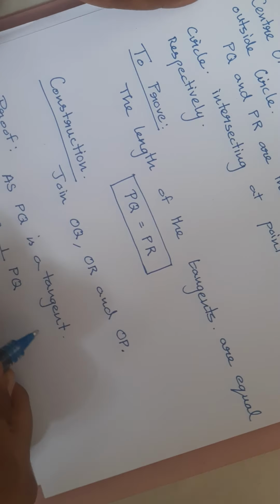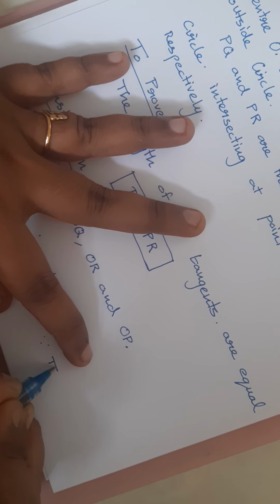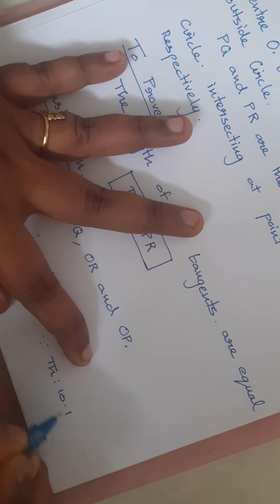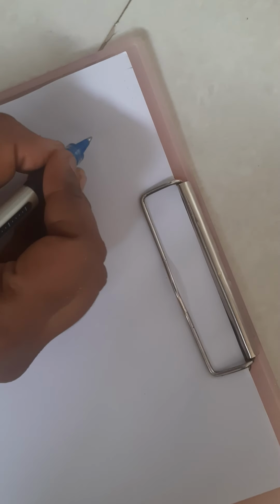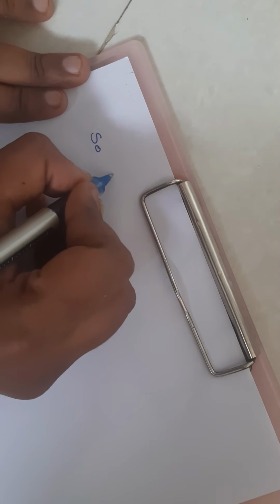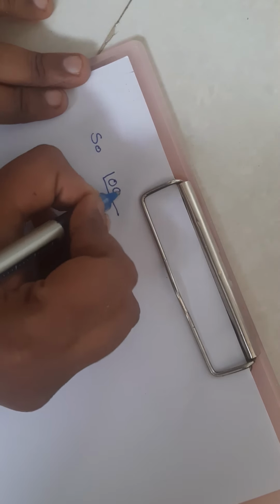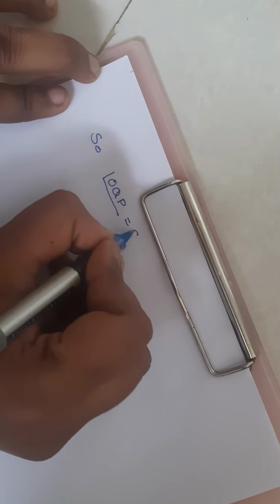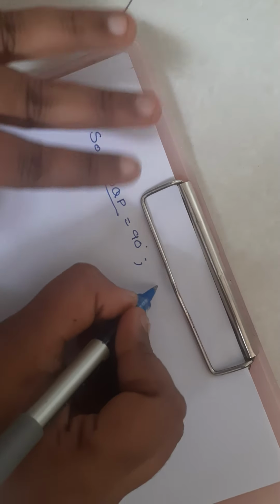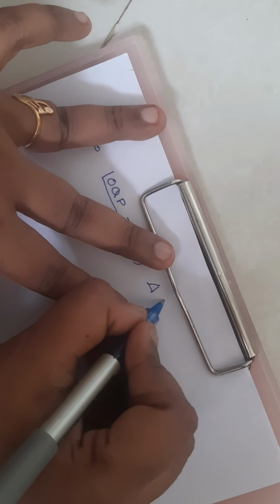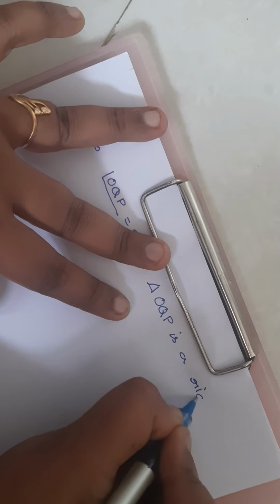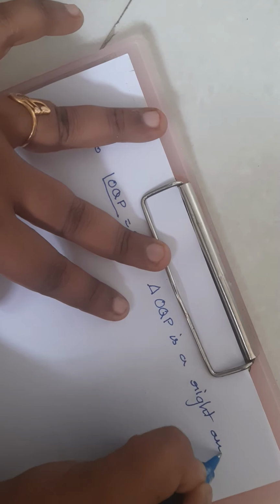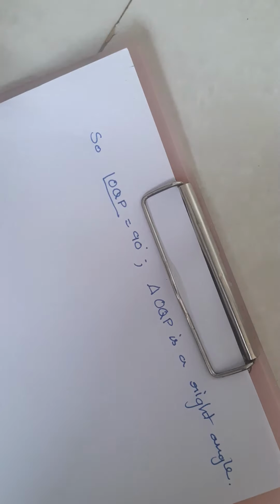So from theorem 10.1, OQ is perpendicular to PQ, so angle OQP equals 90 degrees. Therefore triangle OQP is a right angled triangle.